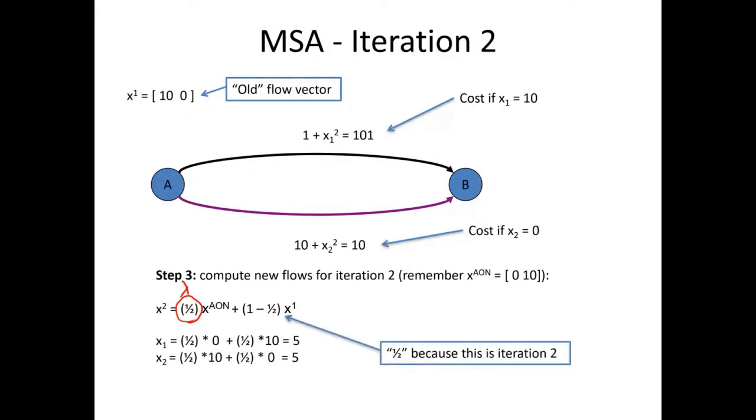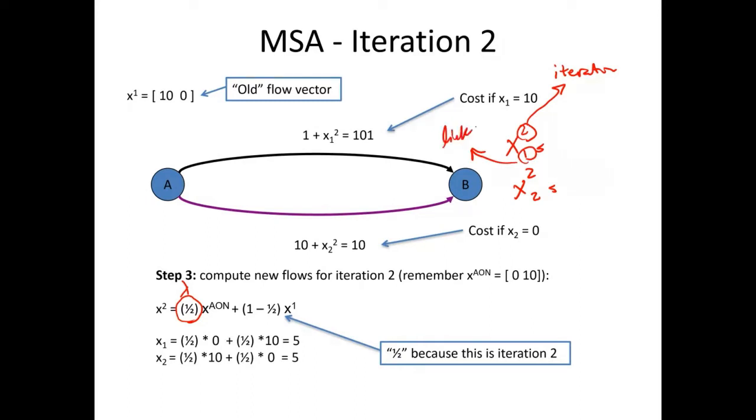So x subscript is the link. This is the iteration: iteration 2 link volume 1, iteration 2 link volume 2. So what would be x21 and x22? Again, this 2 is the iteration, this 1 is the link number.